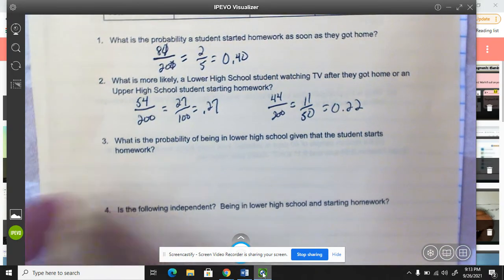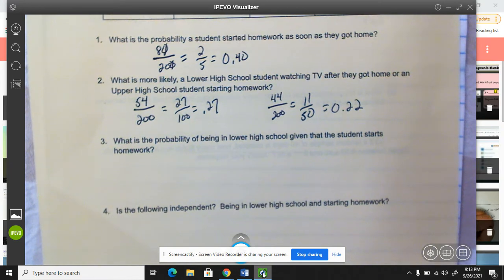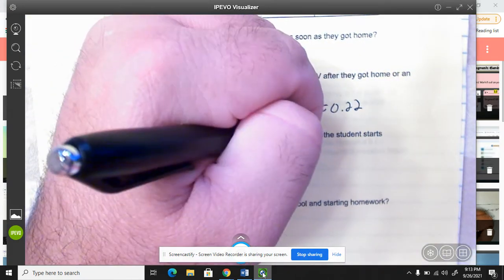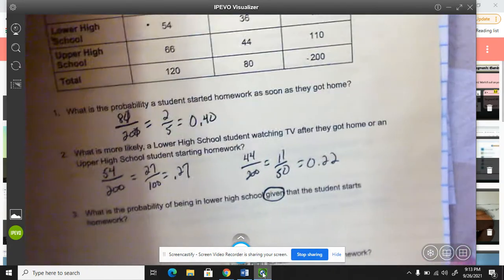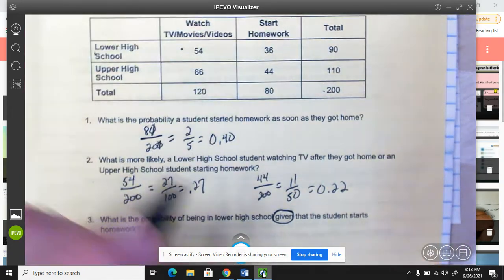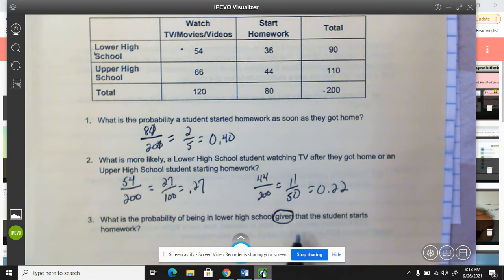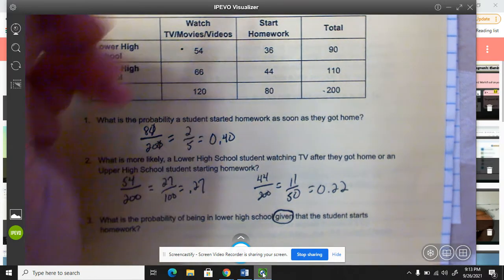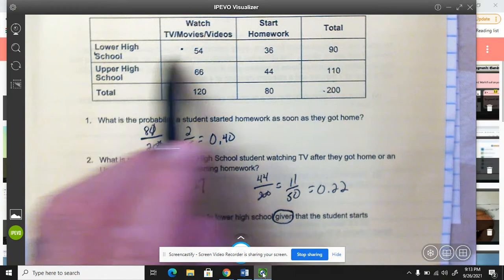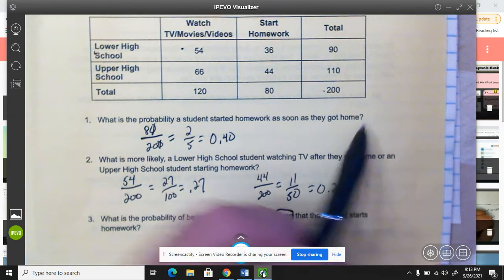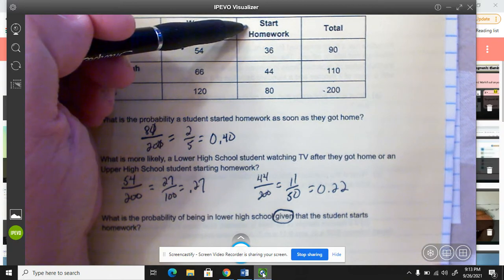Okay, this one. What is the probability of being in lower high school given that the student starts homework? Now, the key word here is given. The given changes things. It changes the subset. So we're not looking at the total. We're looking at how many students started their homework. That's going to be our total, our bottom number. What I was seeing a lot the other day was you saw lower high school, and so you would put 90. But we're wanting to look at how many students started their homework.